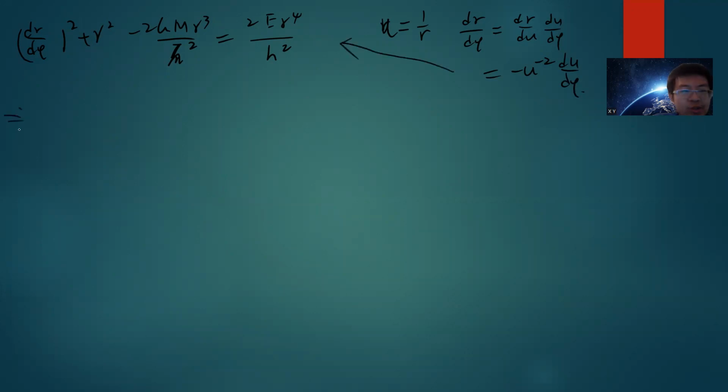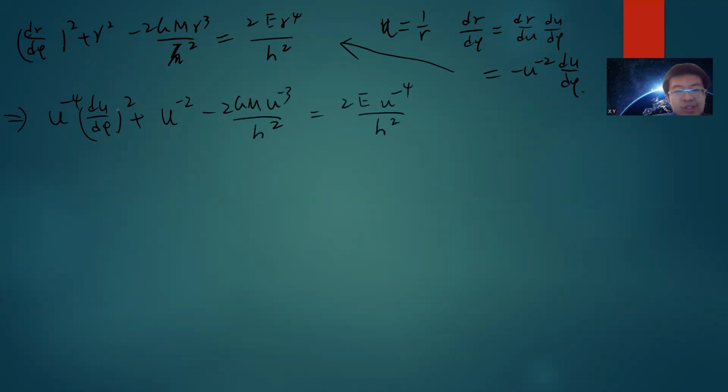Okay, so what we can get is u to the negative 4 (du/dphi) squared plus u to the negative 2, right, minus 2GM u to the negative 3 over h squared, 2E u to the negative 4 over h squared.